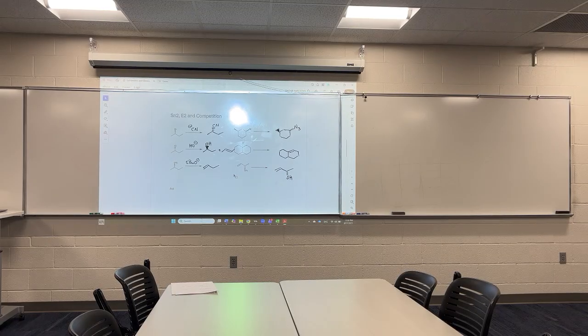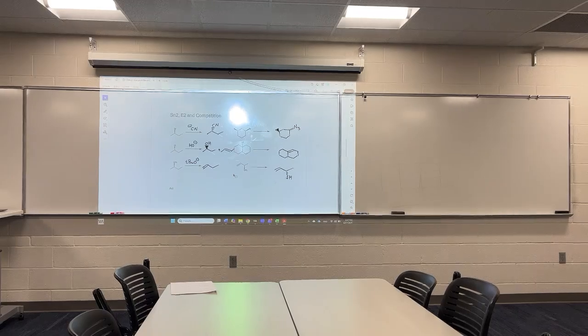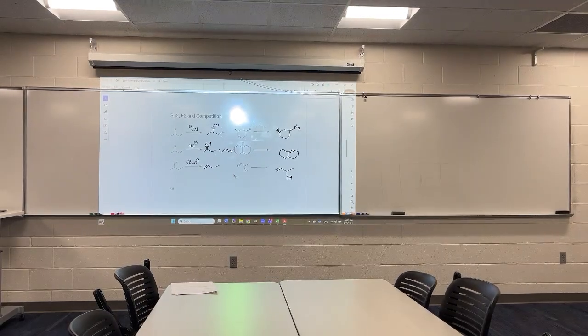Good. That's exactly it. Can you say, rather than R, what R needs to be in order to get this product? We're going to guarantee it, because you notice how your reagent doesn't say H at all? It just needs to be H. Just H.